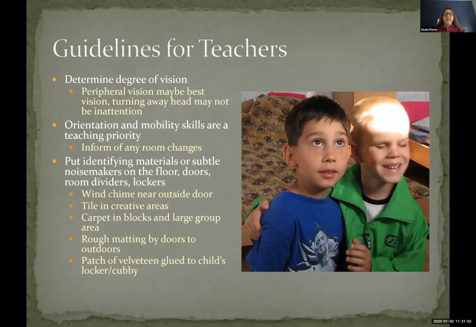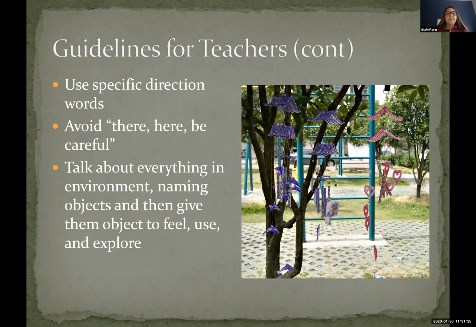When my feet go from carpet to linoleum, I know I'm now in the art area. When I move my hands from the circle table 2 feet to the right, I know I'm now in the dramatic play area. So those changes really support children in knowing where they are, which then supports independence. Okay.